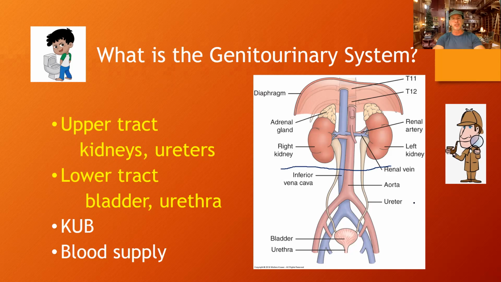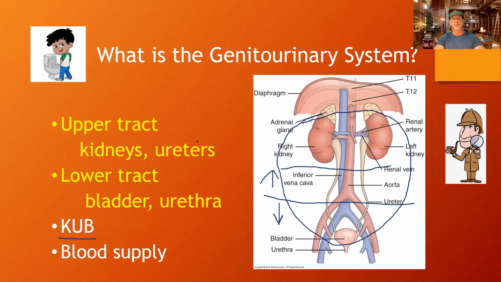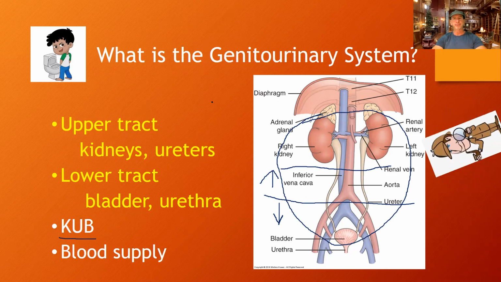For our purposes, the ureters are part of the upper urinary tract, and the bladder and the urethra are part of the lower urinary tract. Same slide as last time, KUB: kidneys, ureters, and bladder. If we do a KUB x-ray, we're x-raying this part of the body right here. Moving on.